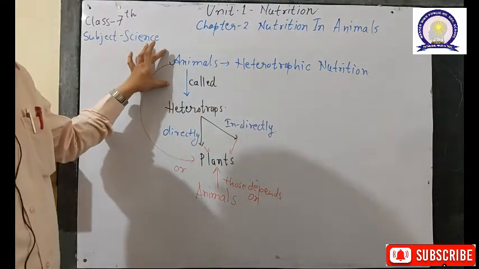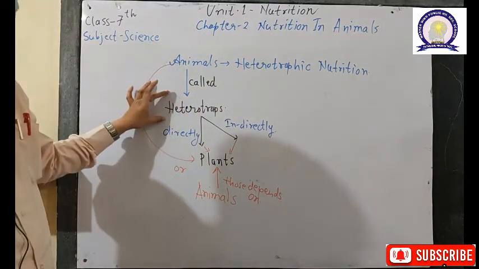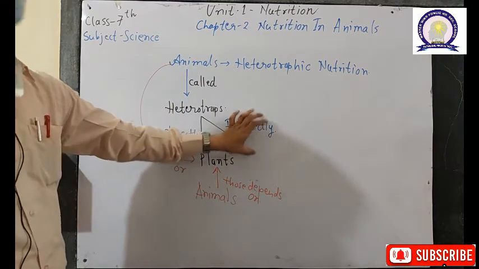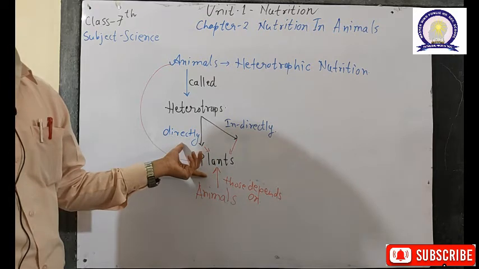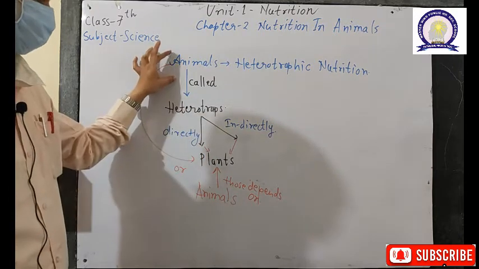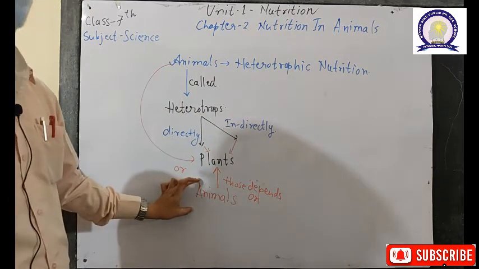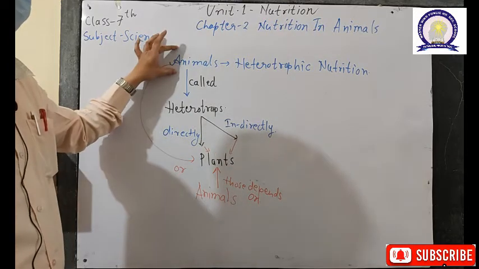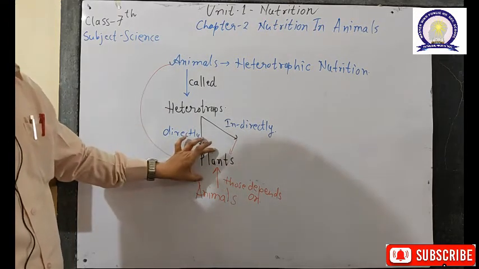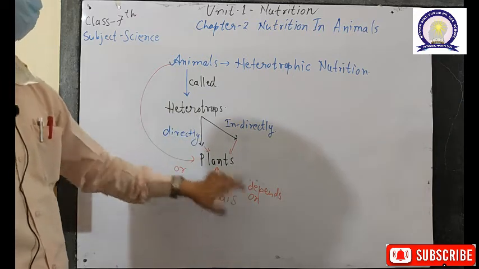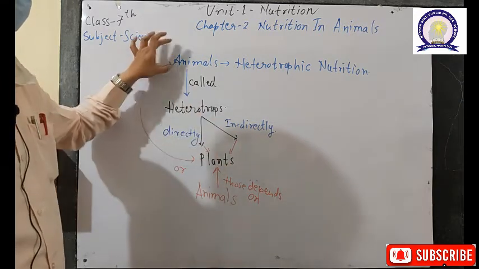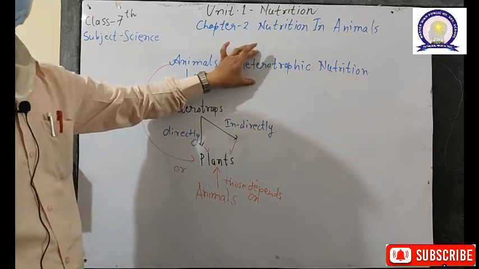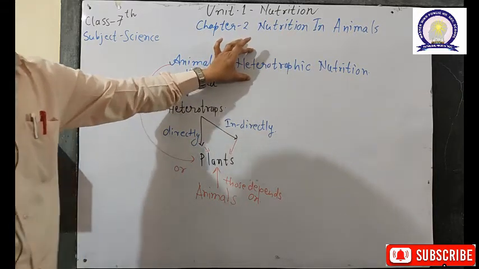That's why animals are called heterotrophs, because they depend directly or indirectly on plants for their nutrition, and also depend on some animals that depend directly or indirectly on plants. That means animals eat plants or animals that depend on plants. So animals are called heterotrophs, and their nutritional process is called heterotrophic nutrition.